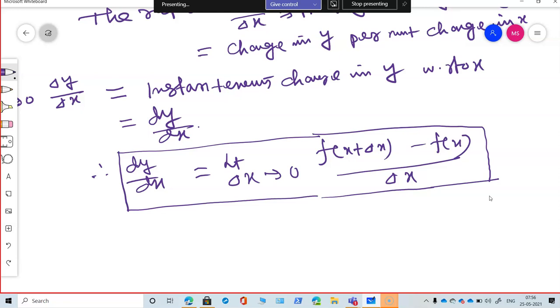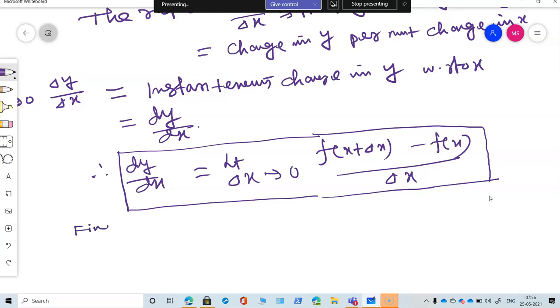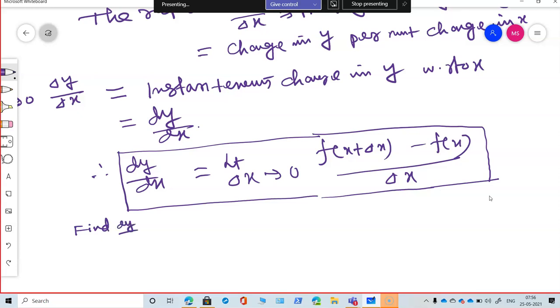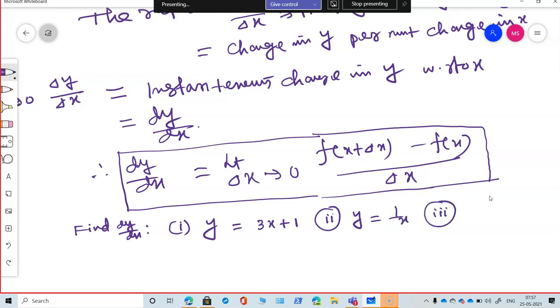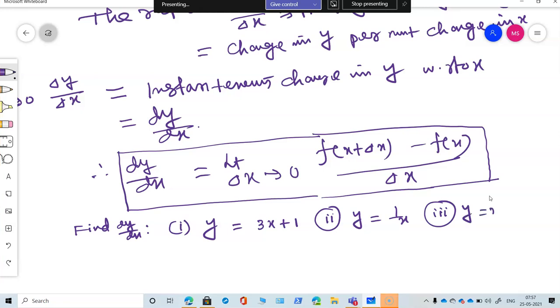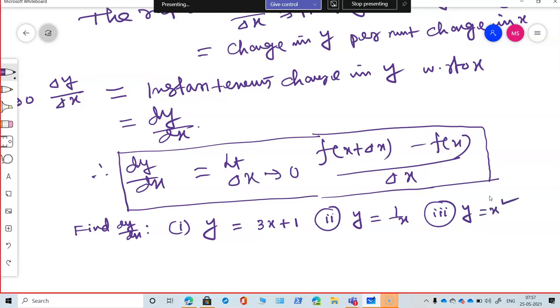Let us find dy by dx when number 1, y equal to 3x plus 1, number 2, y equal to 1 by x, number 3, y equal to x square, number 4, y equal to x cube.